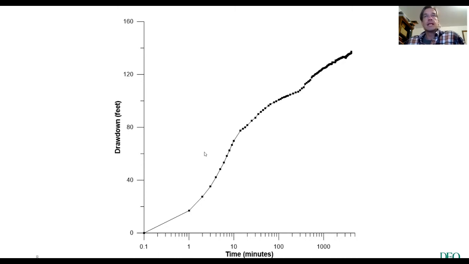The part of the data that we're mainly interested in is this part, the late time linear part, because that's telling us the drawdown in the well is representative of an aquifer that is being fully stressed and is responding radially, meaning that the gradient is moving away from the well in a radial sort of sense out into the system.